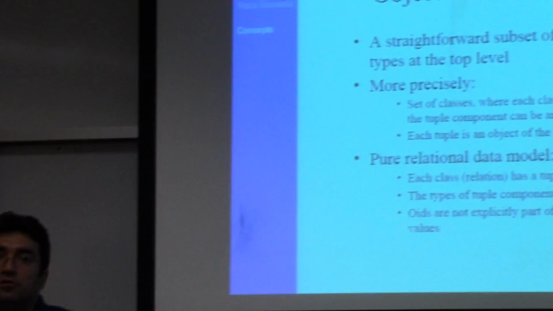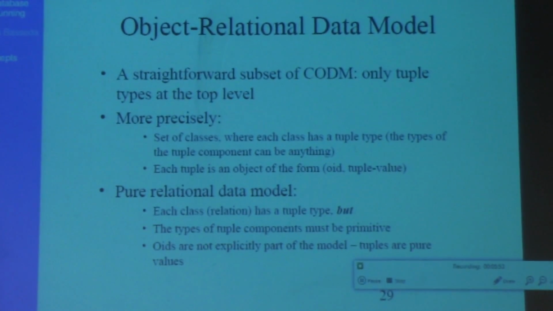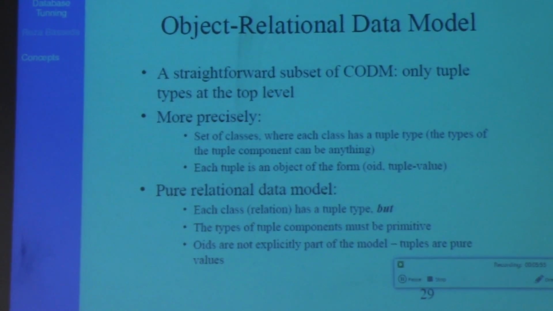Okay, so we talked about the conceptual data model, the object data model. We know how these concepts should be represented in databases. Now, let's talk about the two approaches we wanted to talk about. The first one is the object relational data model. The object relational data model is basically a very simple and straightforward subset of the conceptual object data model.